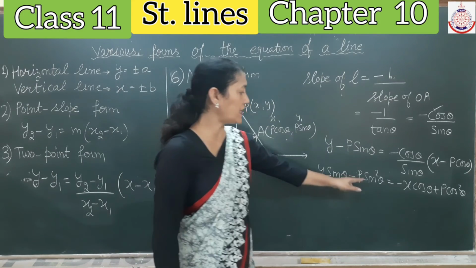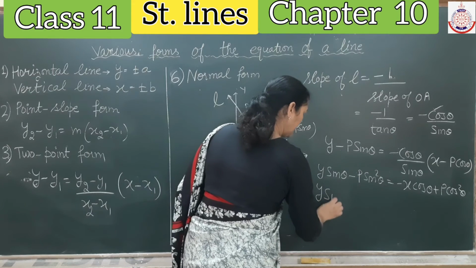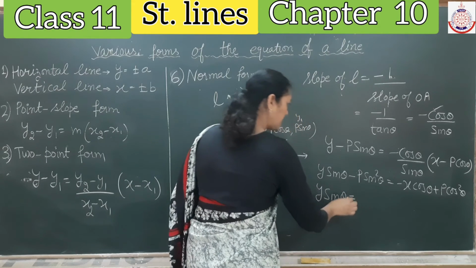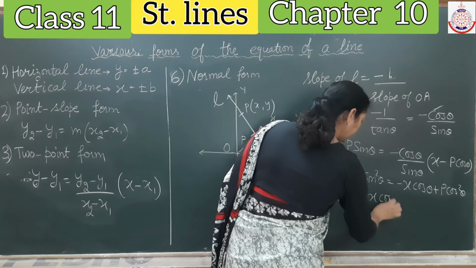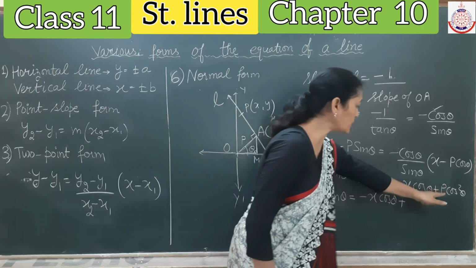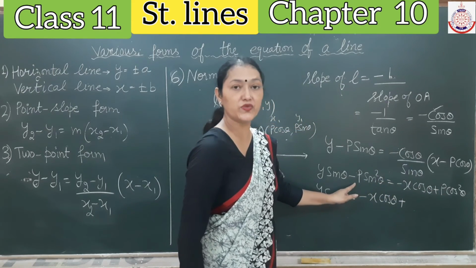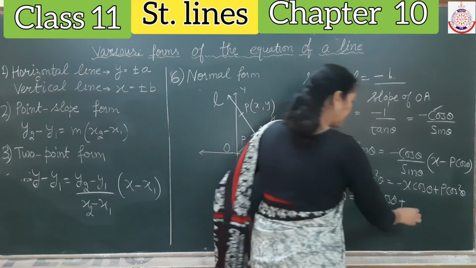Shifting this p sin square theta to this side, we'll have y sin theta equals minus x cos theta plus p cos square theta plus p sin square theta. Cos square theta plus sin square theta is 1, so we'll be left with p only.